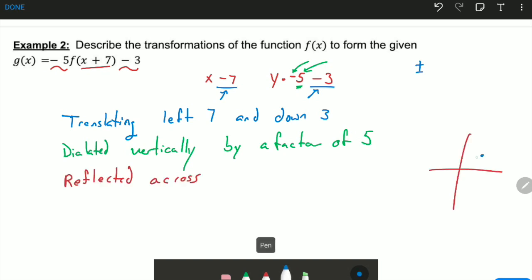A change in the y value, for instance, 1, 2 to 1, negative 2, you can see it flips it across the x-axis. So if it affects the y values, it flips it across the x-axis. And if it affects the x values, it flips it across the y-axis. But reflected across the x-axis. And that's it.